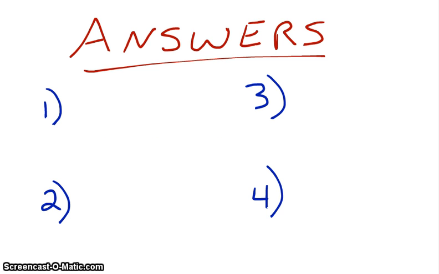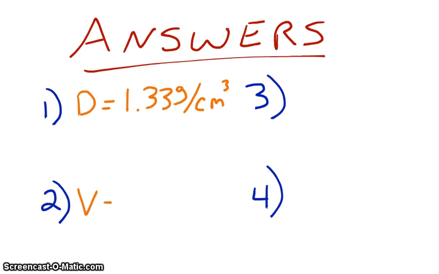Here are the answers for the 4 practice problems. The first one was looking for a density, and the answer to that one is 1.33 grams per centimeter cubed. Problem 2 was looking for the volume, and that is 0.33 milliliters.